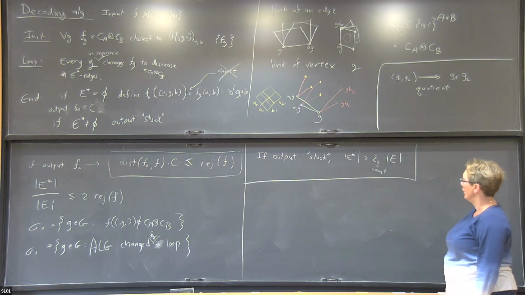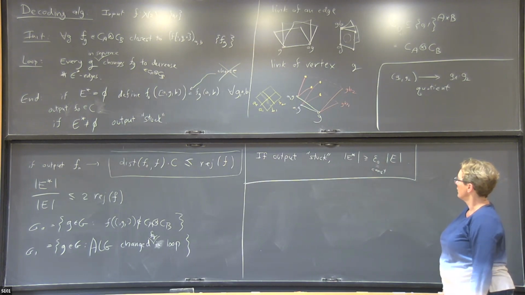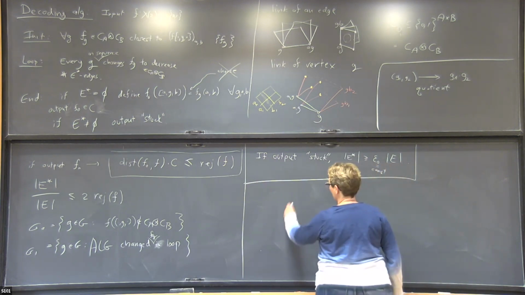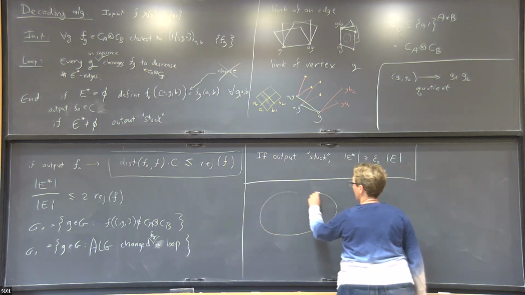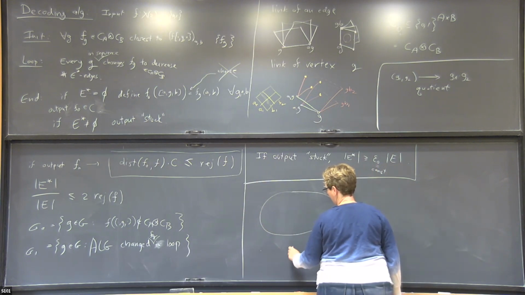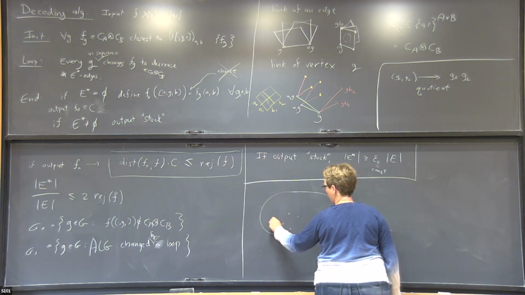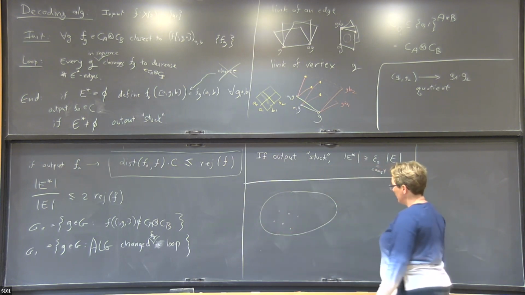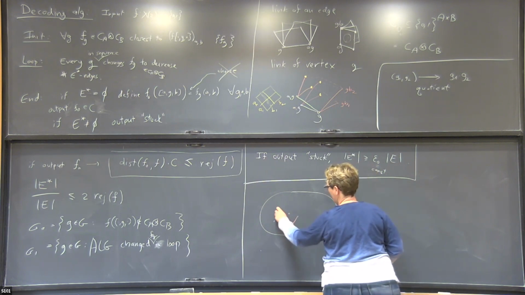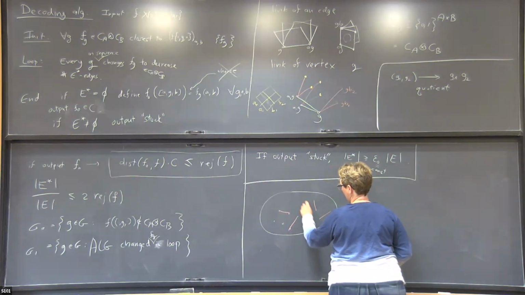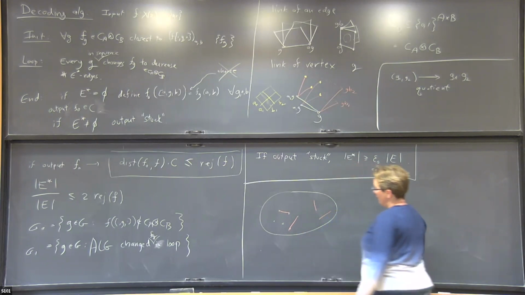Okay, so let's keep in mind our graph. The vertices are these G's and we have edges for the A's and the B's. And we have some edges that are in E star. These are red edges. Maybe there's only a few.